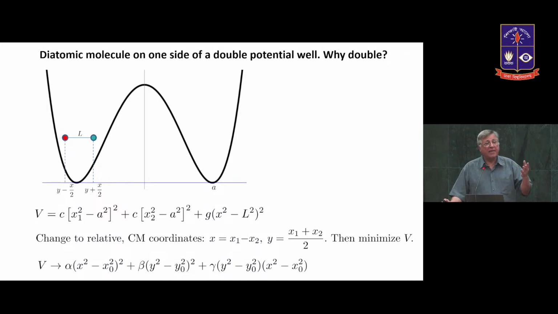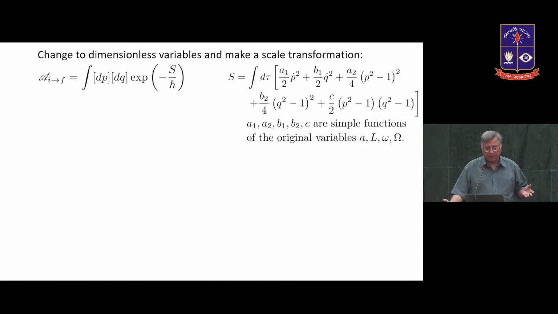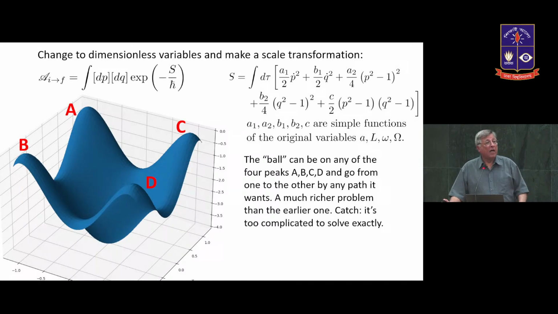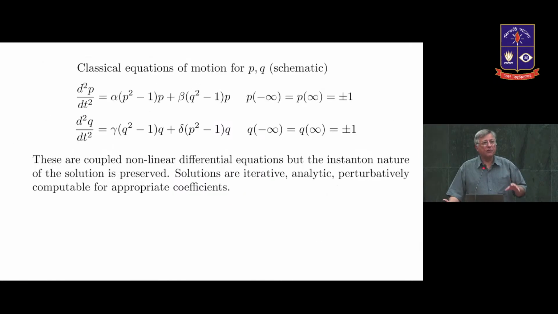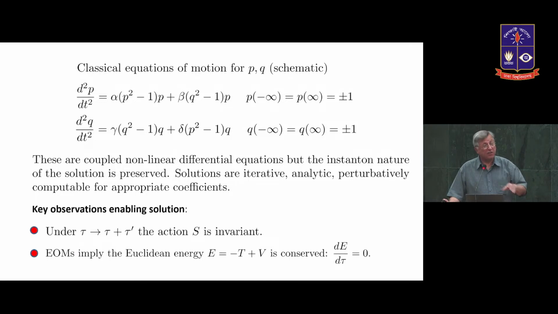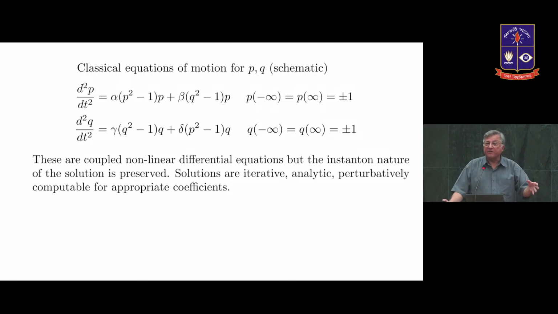So I can imagine that this will be useful in other areas of physics. What do you have to do? You have to solve the classical equations of motion. Can you solve them? At first, I thought it would be impossible, but then it turns out you can do it because there's a kind of topological protection that's being given to you by the fact that you go from one vacuum to the other, and you always have to go from one vacuum to the other, and that's why perturbation theory on a non-perturbative problem is possible.